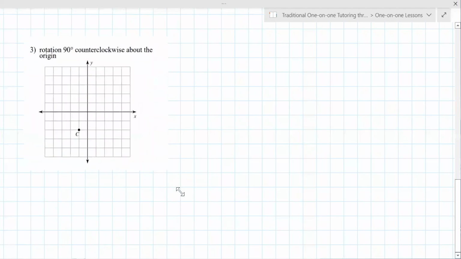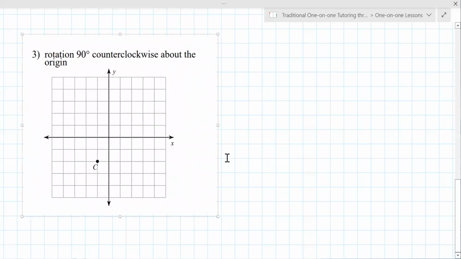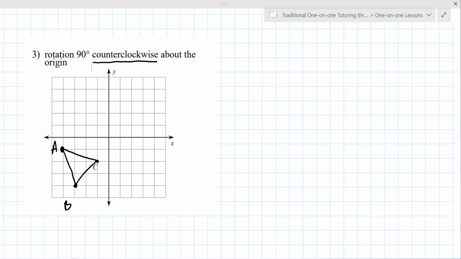So this problem says to rotate counterclockwise about the origin. So let me actually just grab a few more points here. We'll call this A right there. We'll call that B. So just some sort of triangle like this. Okay. And we're going counterclockwise about the origin.